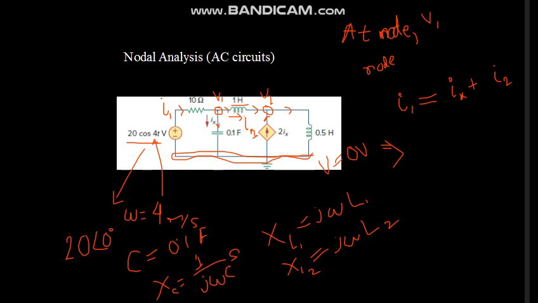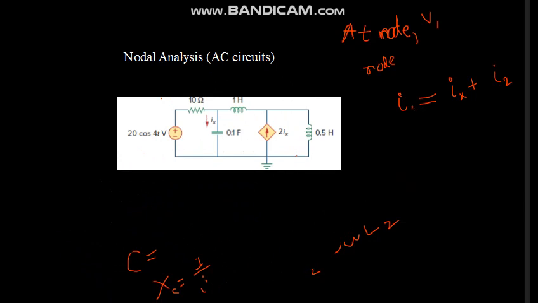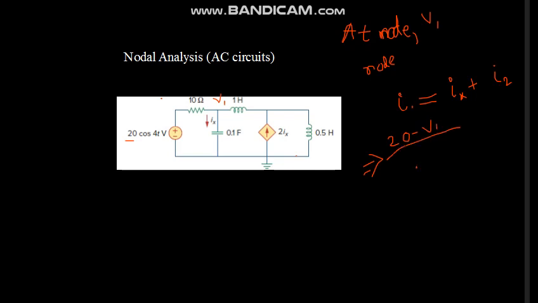Now just remove all these things. Then what can you write? After converting, you have to apply Ohm's law. So there will be 20 minus V1 divided by 10 ohms.